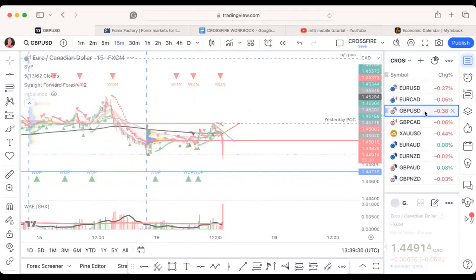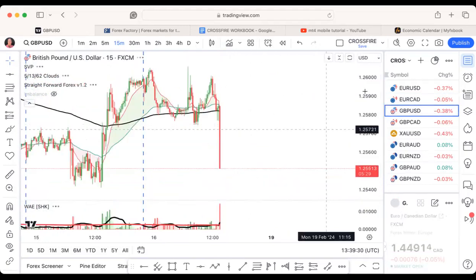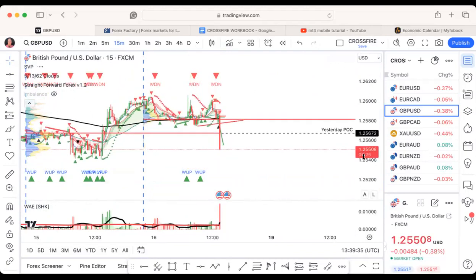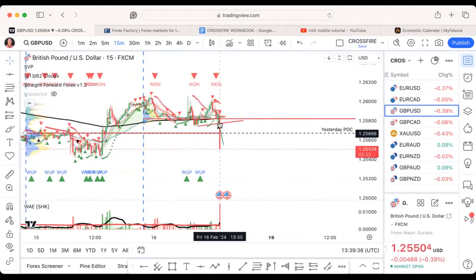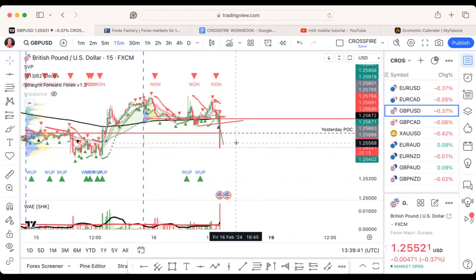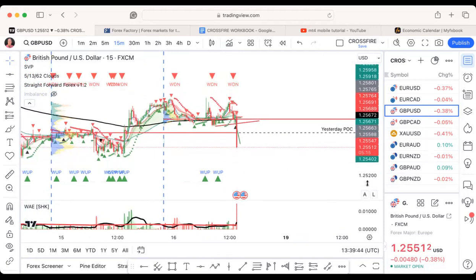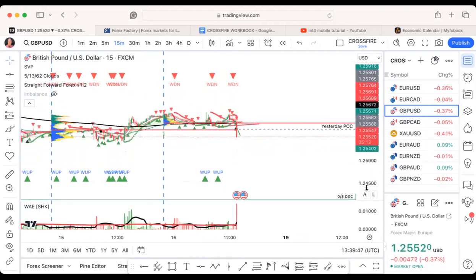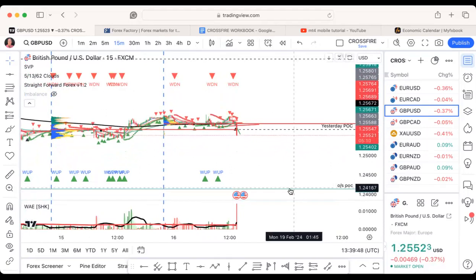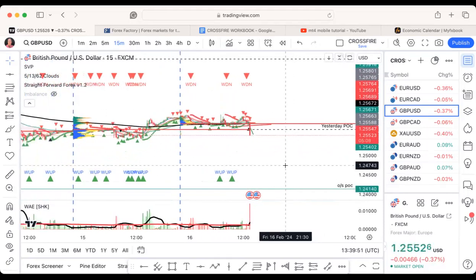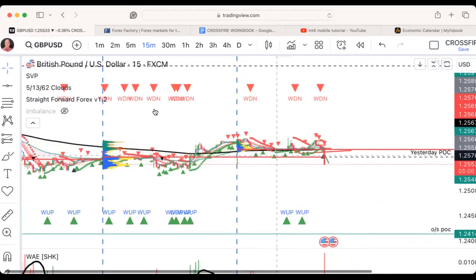We'll look at GBP USD. So it came down and it broke through yesterday's POC. If I look in closer, there's another outstanding POC down there. Let's just look for imbalance.